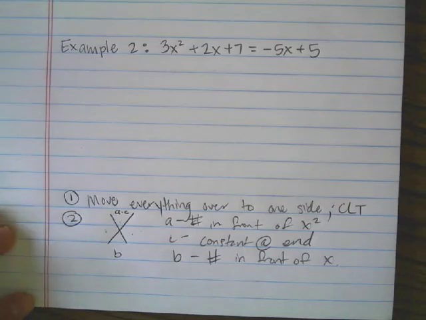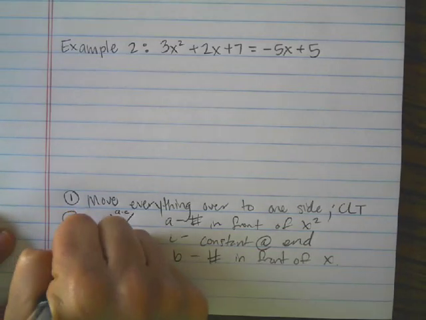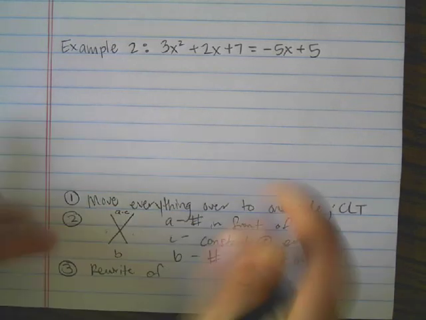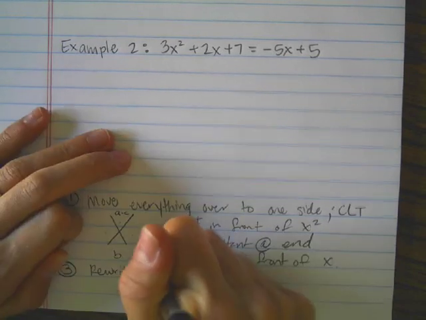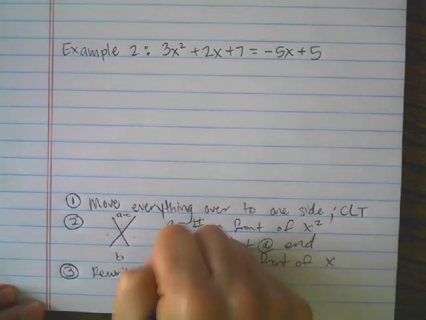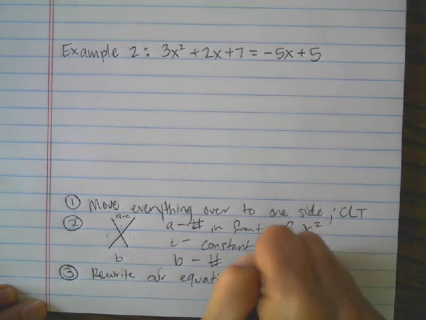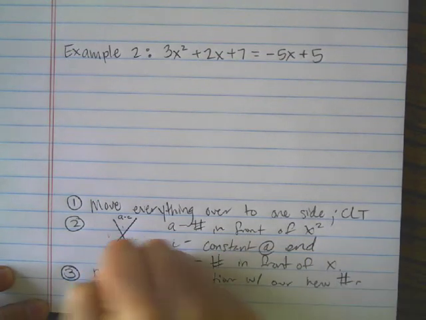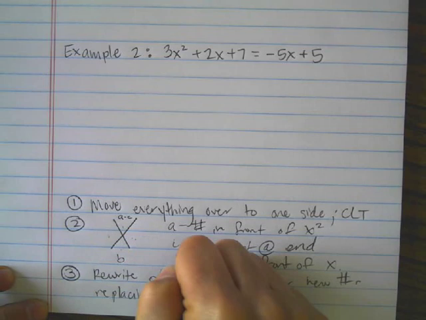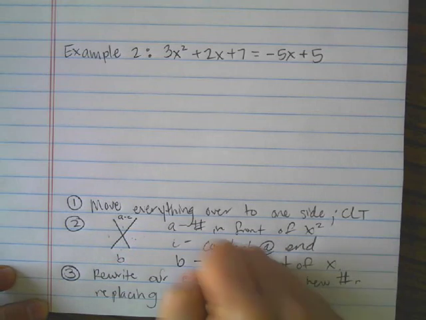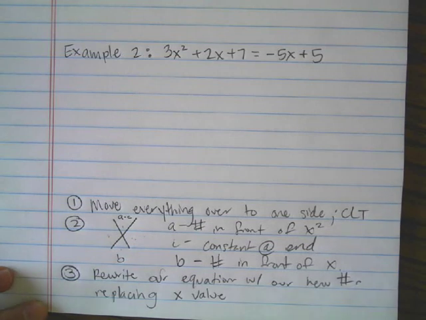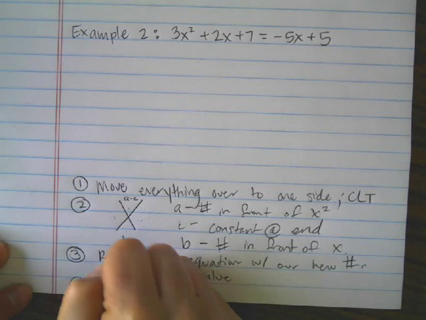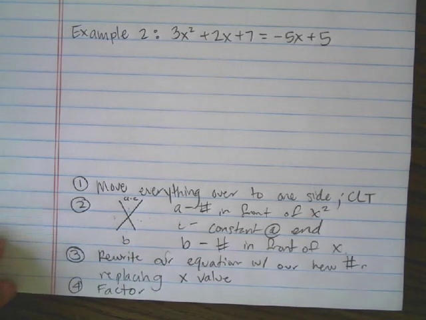Once we do that, we're going to rewrite our equation with our new numbers replacing the X value. And then the last thing we're going to do is factor, which I will show you how to do using these two examples.